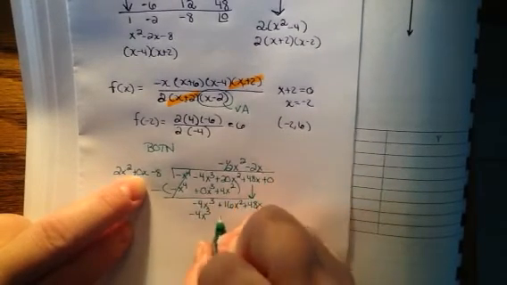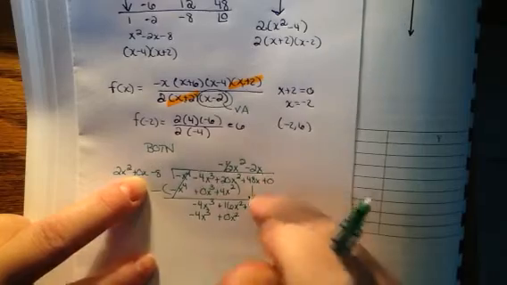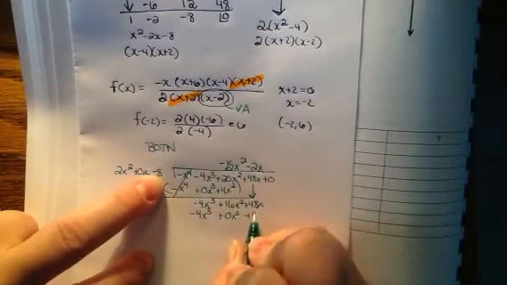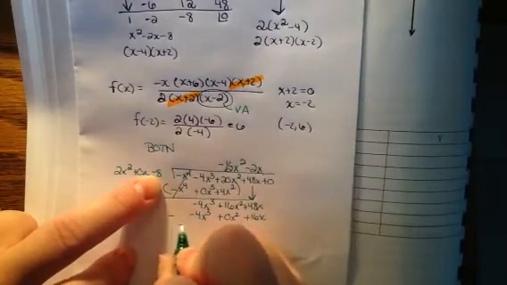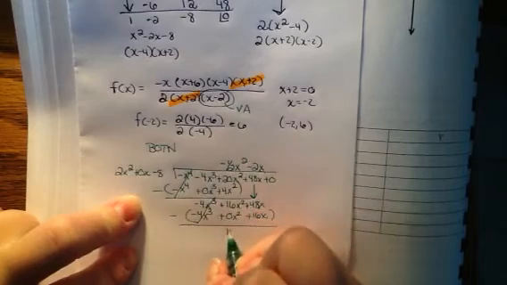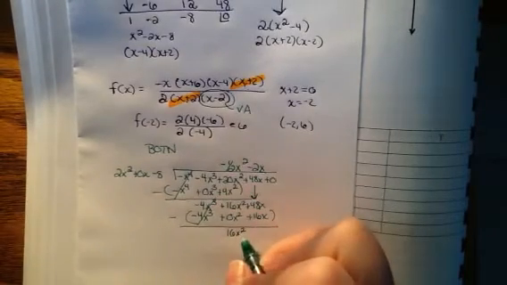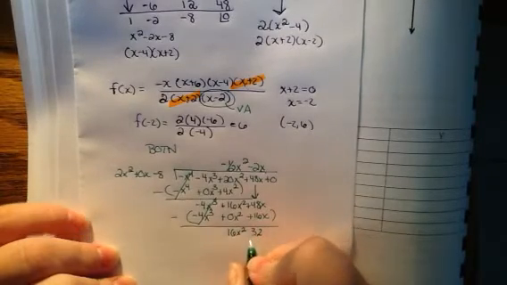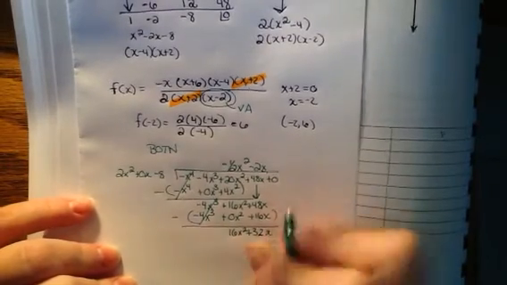Negative 2x times nothing is going to be nothing x squared. Negative 2x times a negative 8 is going to get me a positive 16x. Subtract these, those cancel out. 16x squared, 48 minus 16 is positive 32x.